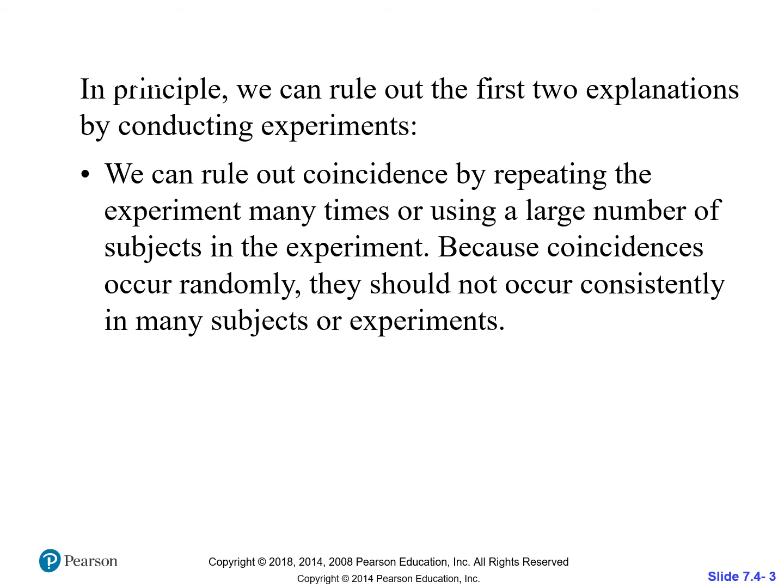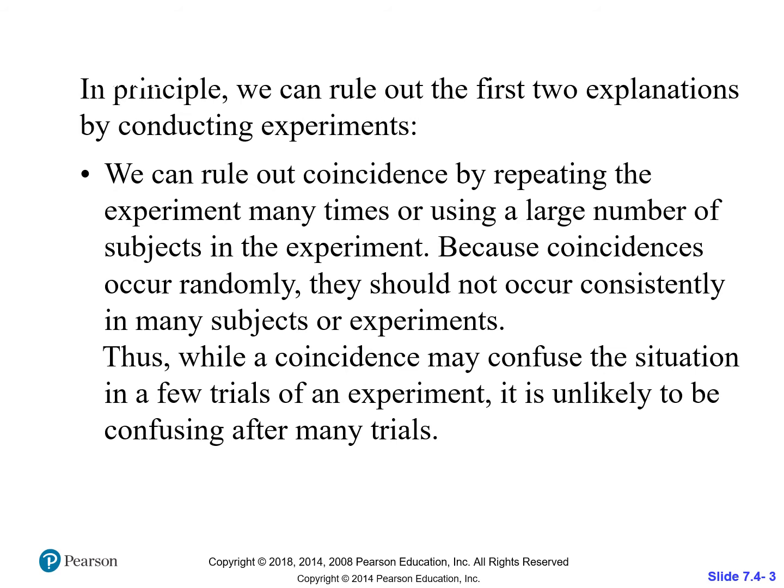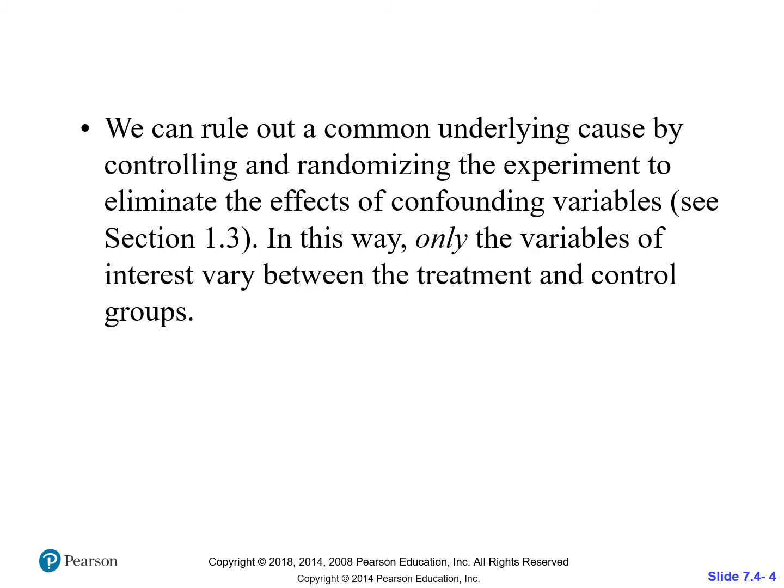Because coincidences by definition occur randomly, we should not expect to observe them consistently and regularly in several different experiments with different subjects. So while coincidence may confuse the situation in a few trials or a few subjects, it's unlikely to be confusing after several trials.